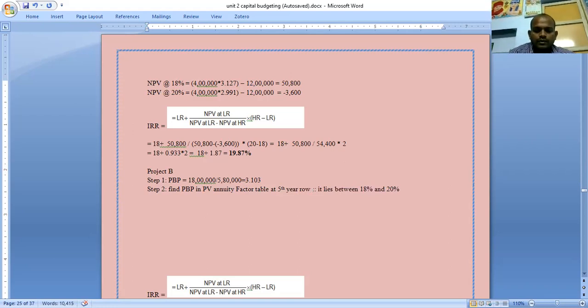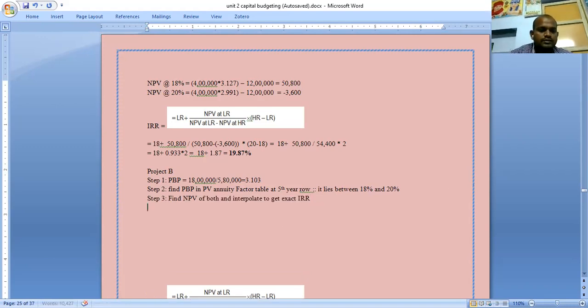So it is also the same. It lies between the same percentages, 18 and 20%. So we have to calculate the NPV for both discounting rates, and we have to interpolate these two percentages.